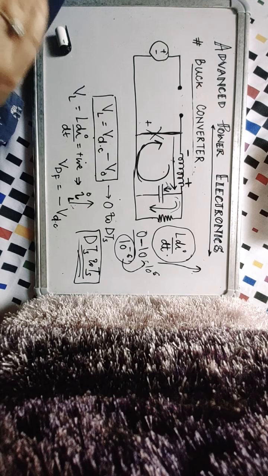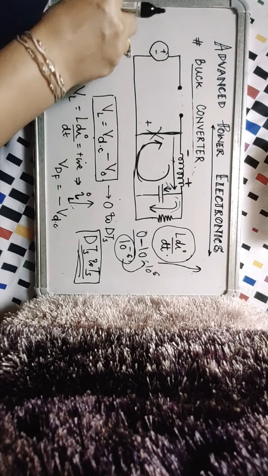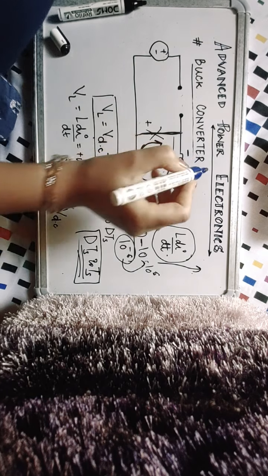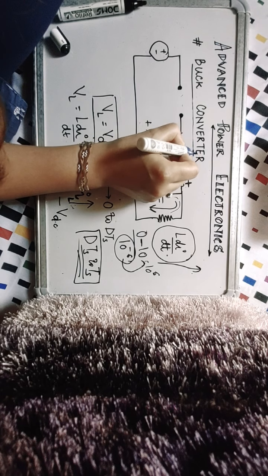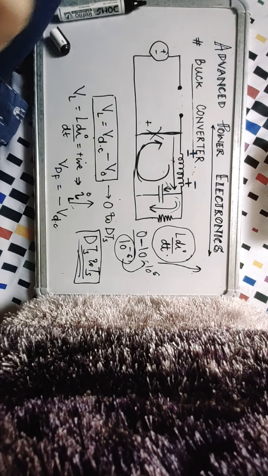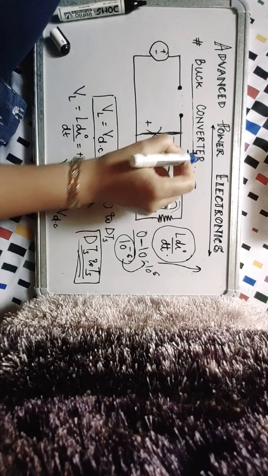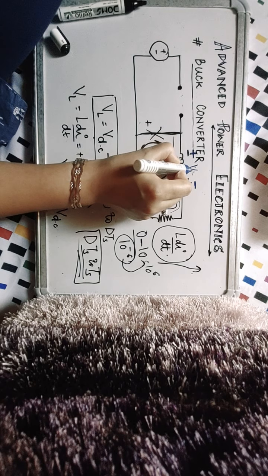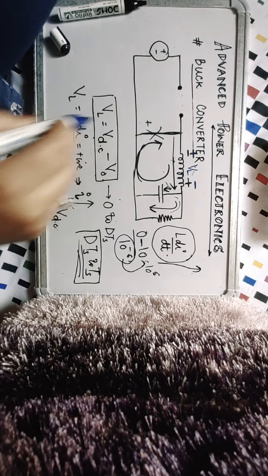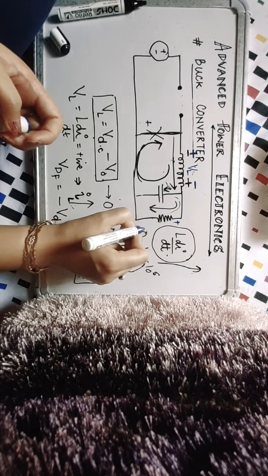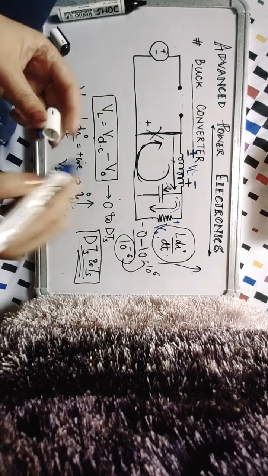Now, during this interval, what is the voltage across the inductor? We will use the previous conventions. This was how we had defined the inductor voltage, the one in blue. Now this inductor voltage, and this is the load voltage we note.